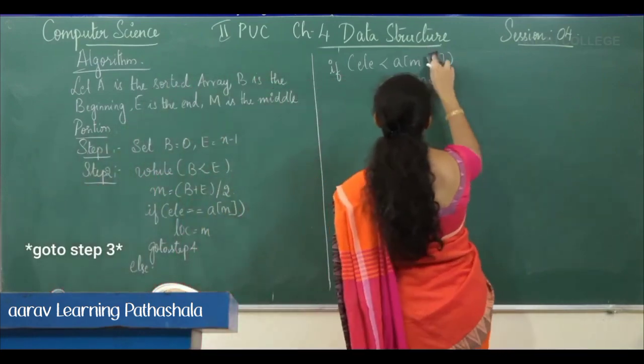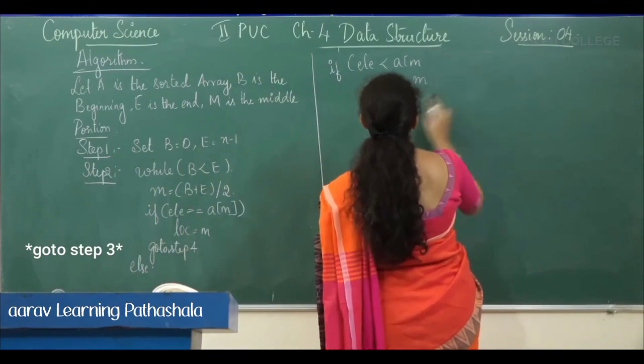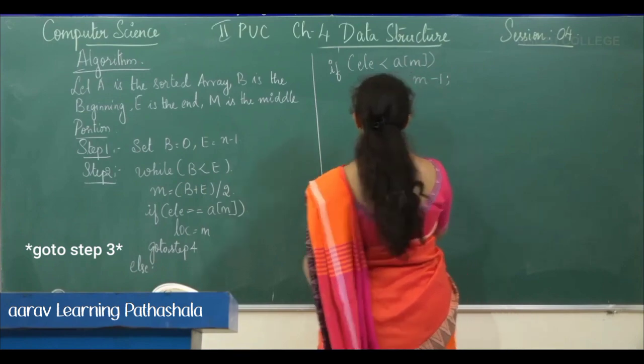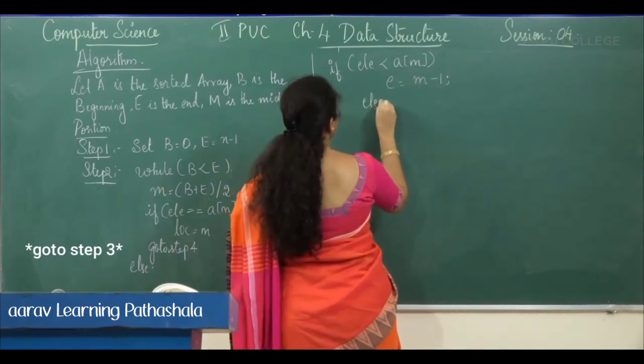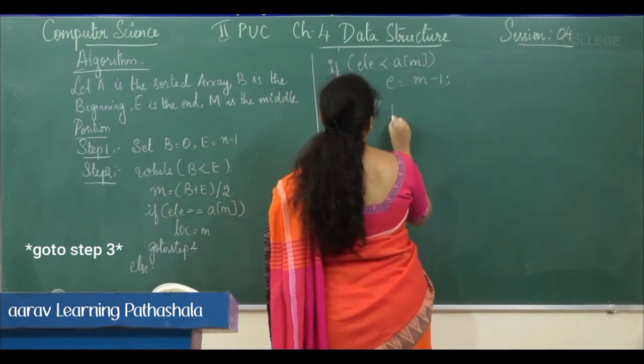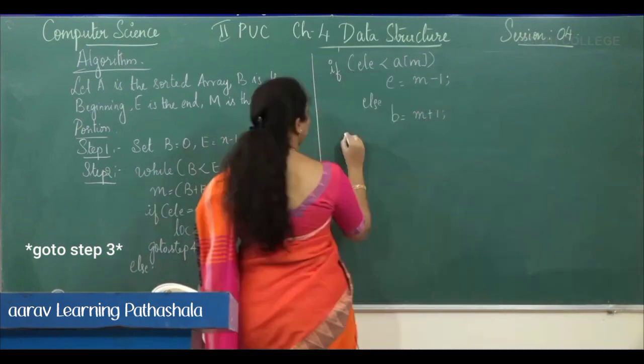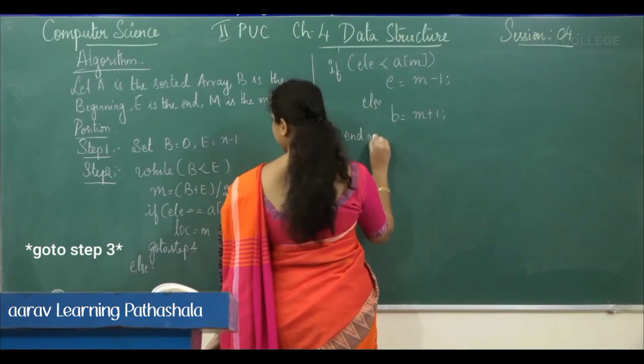Here M represents the mid position, M minus 1. Else, beginning is equal to M plus 1. End of while.